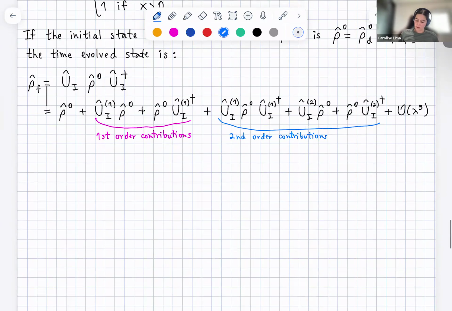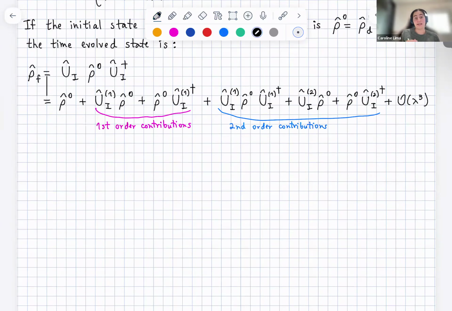Now, if I'm interested in the final state of the detector instead of the final state of the detector and the field, and most of the time we're interested in the final state of the detector itself because we're going to measure the detector, how would I do that?